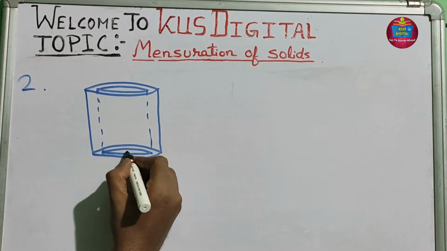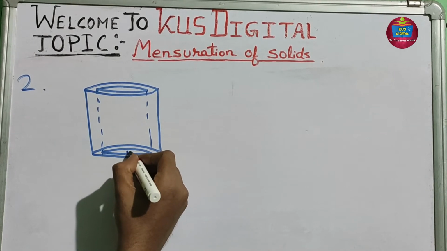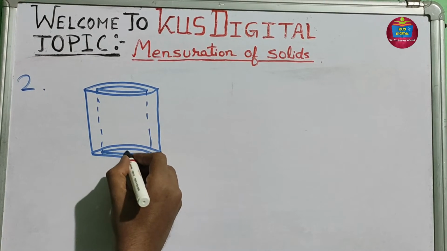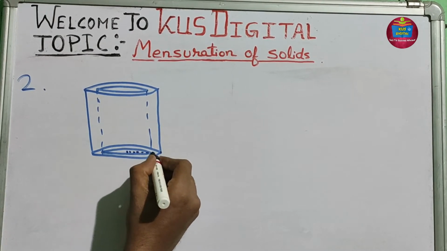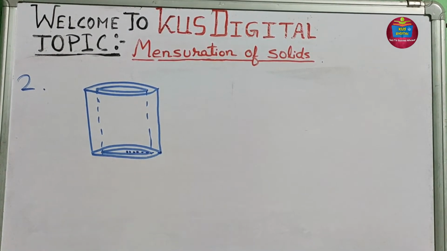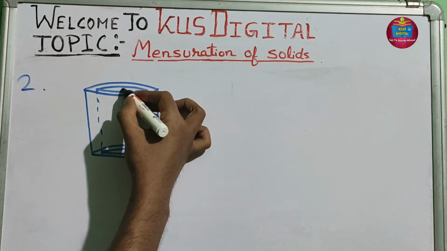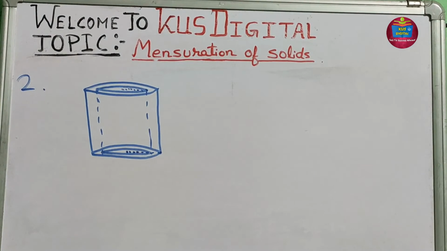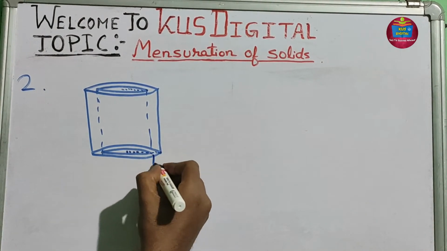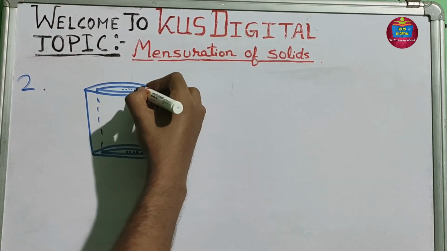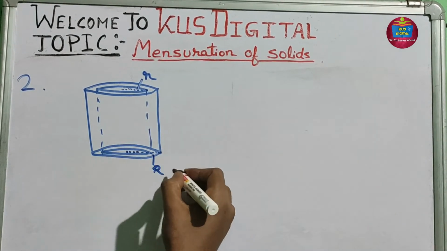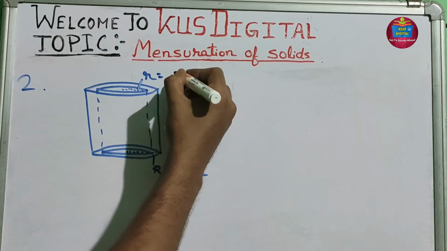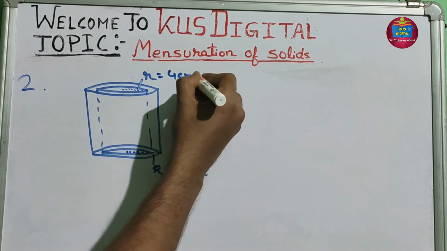Okay, now this point to this point, this is the outer radius. Okay, this is the outer radius, and from that point to that point is the inner radius. So this R is given as 5 centimeter and inner radius is given as 4 centimeter.